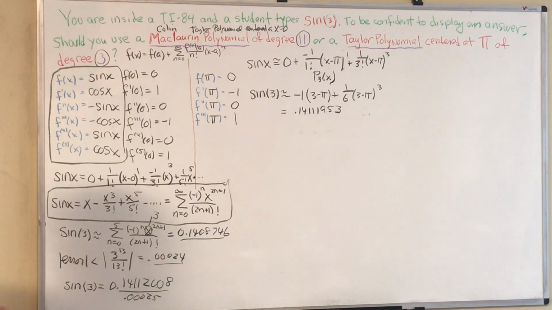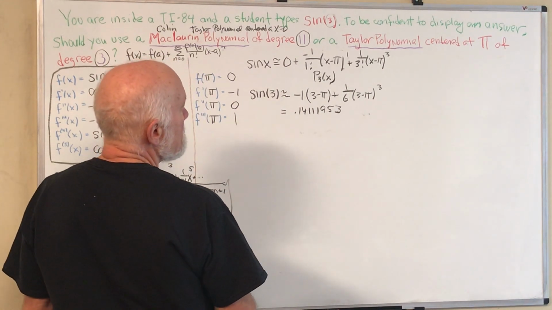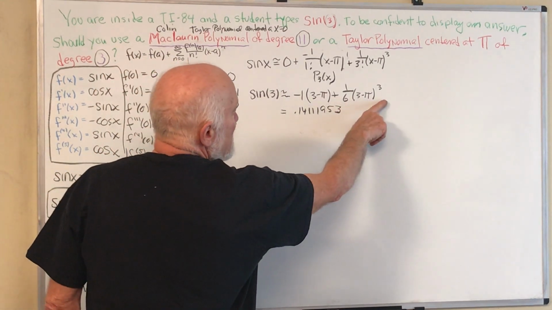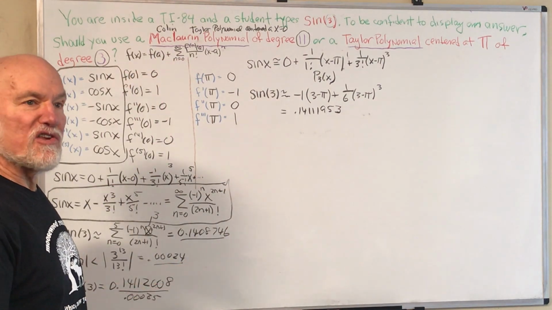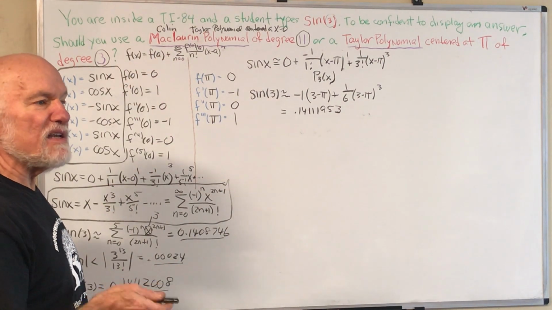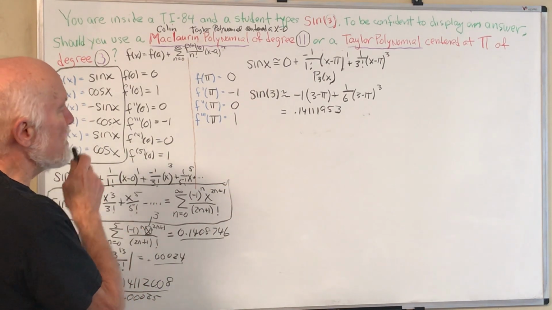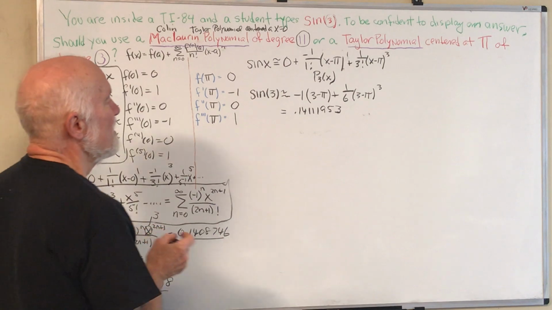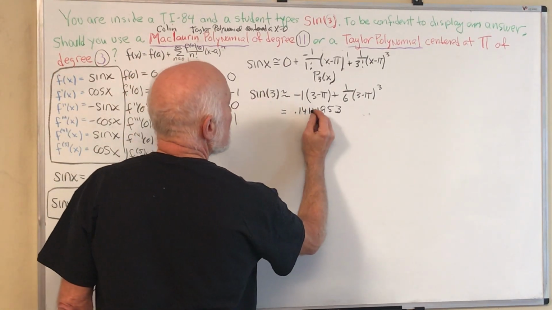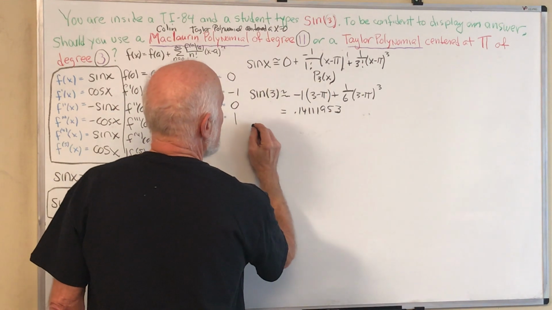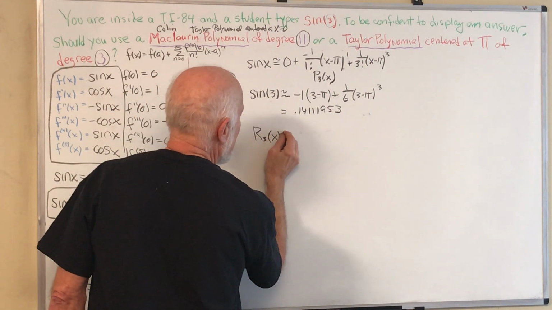But if we didn't know that, and we had to predict how good this is, again, this turns out to be an alternating series, so we could use the alternating series test. But I want you to get used to the Taylor remainder test. So what did we say? If we use this as P3 of x, what is the remainder?